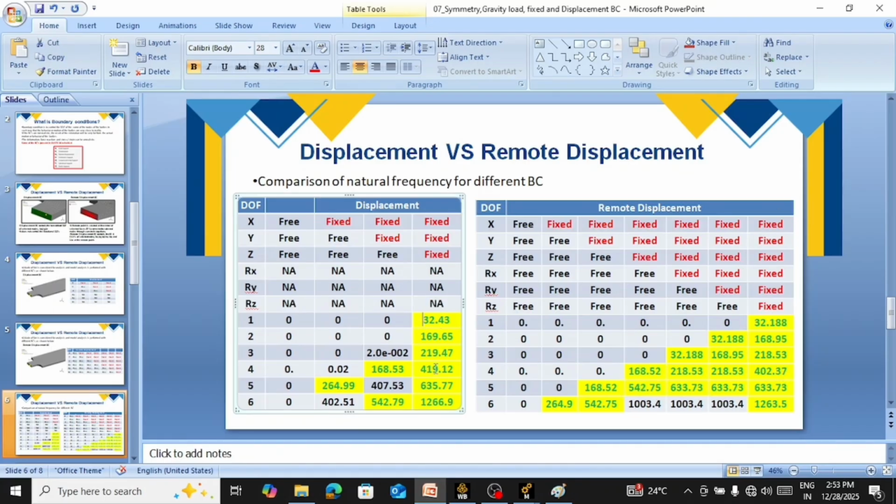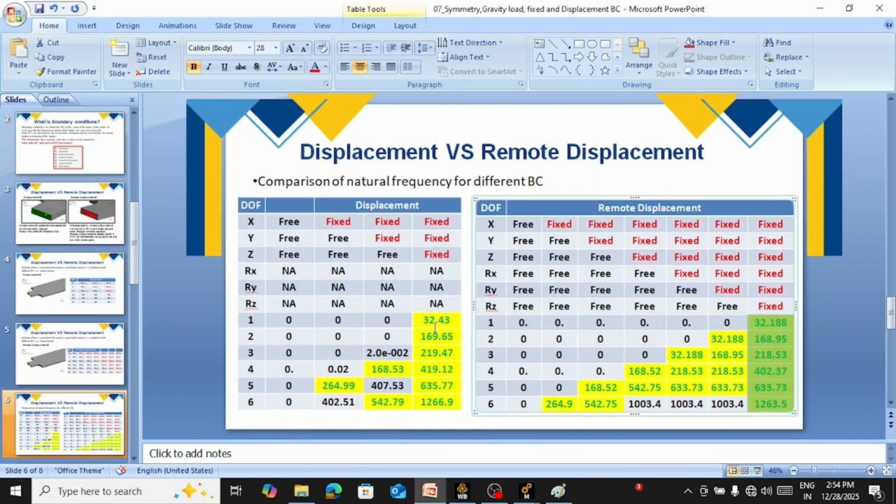So if you see these results, with all degrees of freedom fixed at the RP remote point, the result is the same as fixing only 3 degrees of freedom in the case of the displacement boundary condition. This eventually means that even if you're only fixing 3 degrees of freedom, all other degrees of freedom are automatically getting fixed, because the boundary condition is applied on the nodes of the face, and since the face is in plane, or is a line, relative displacement is not possible because of the x constraint.